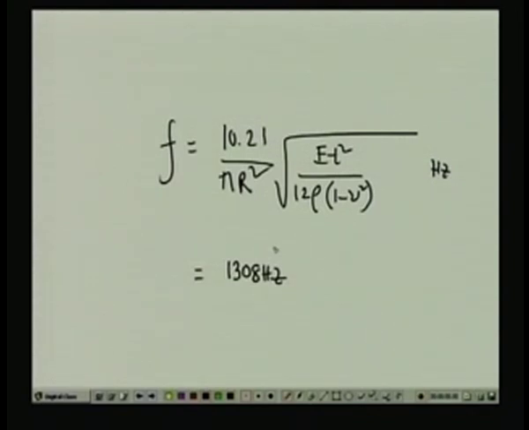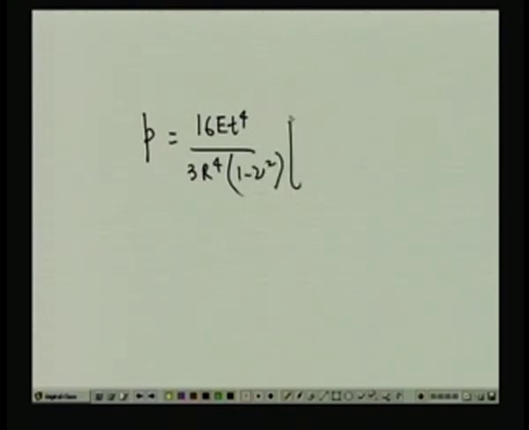Now, the third problem, what we said, that we know that P can be related as 16 ET4, the third part of the problem, 3 r to the power 4 1 minus nu square, Yc by T plus 0.488 Yc by T cube.